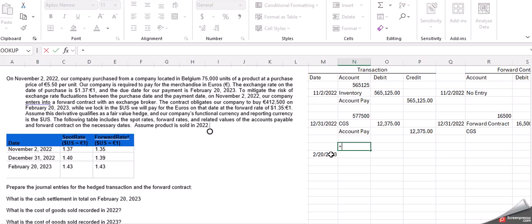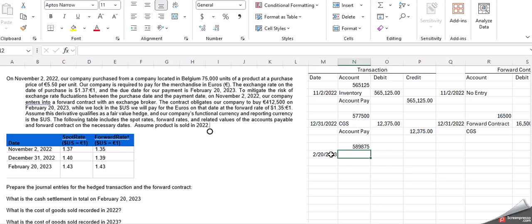So we want to get our accounts payable up to date. Sometimes, when I do it on the board, I do it in one entry, but I feel like the textbook wants you to do it in two, so I'm going to do it in two. Again, we've got our 75,000 times our €5.50 per unit, now times the $1.43.